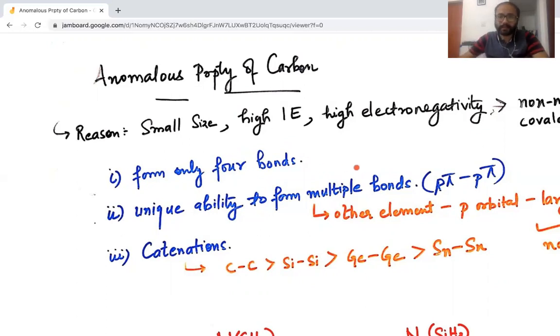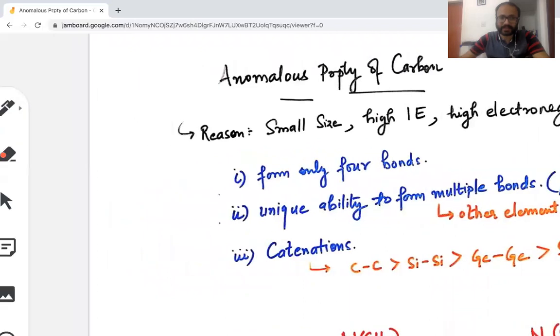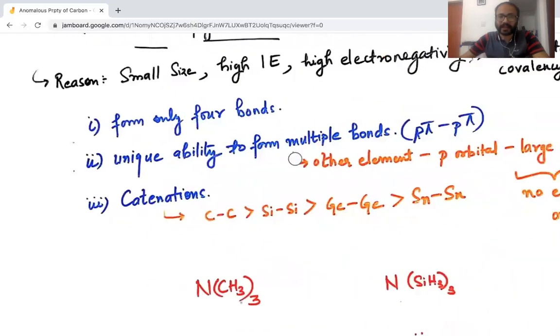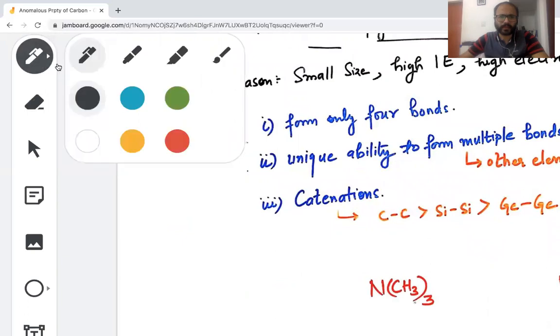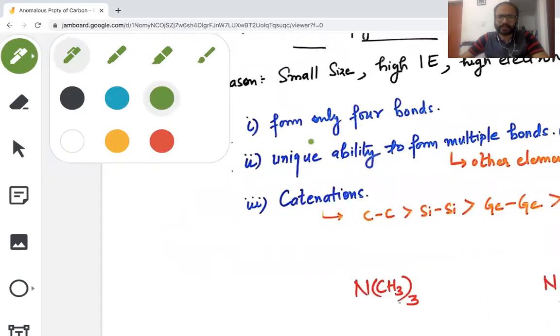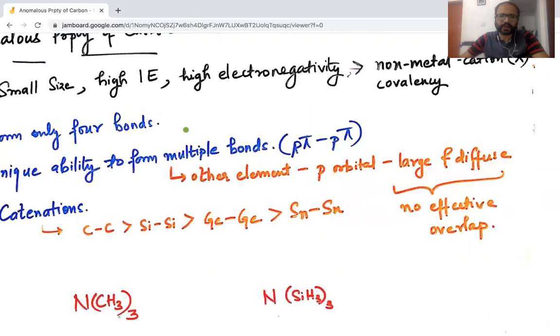That is mainly happening because of the electronic configuration of these elements, which, as we saw in the previous class, is 2s2 and 2p2. If you write it in the box form, it would be something like this in the ground state.